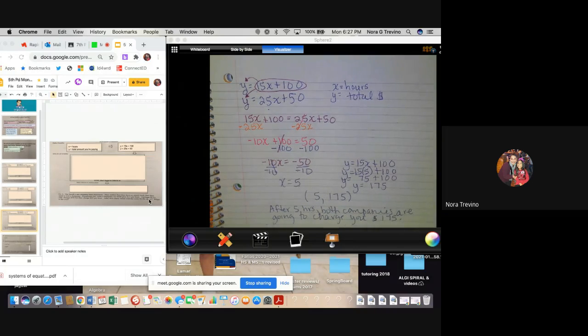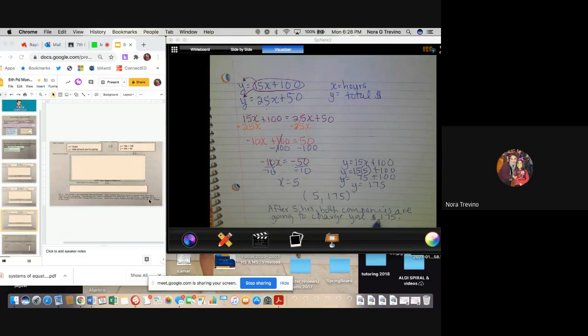So really at this point, it doesn't matter who you go with, okay? Because for sure you need it for 5. Well, at 5, they're going to charge you $175, both of them. So it doesn't matter, okay? That's what it means. That at 5 hours, this is when they're the same. They both charge you $175, okay?